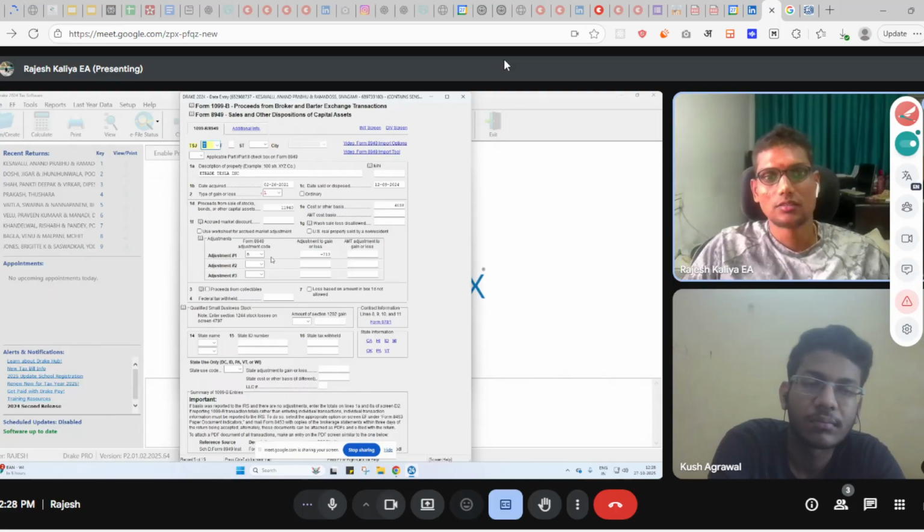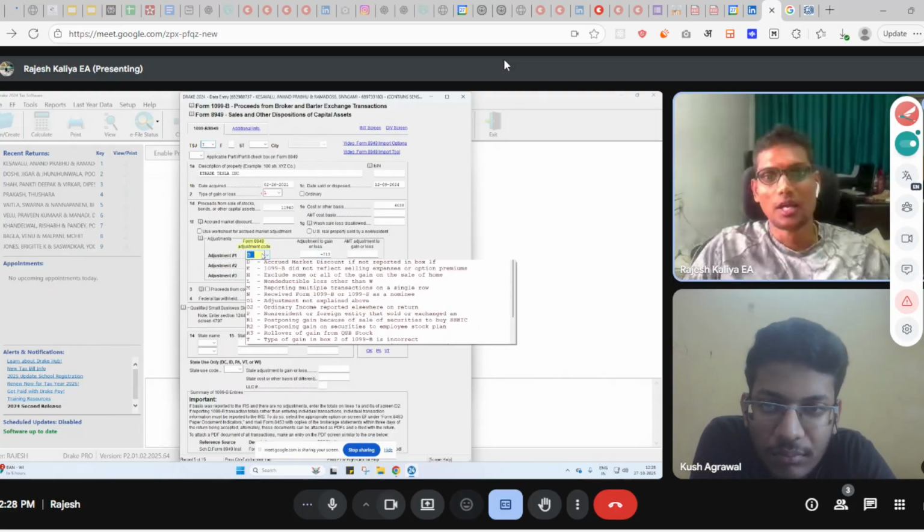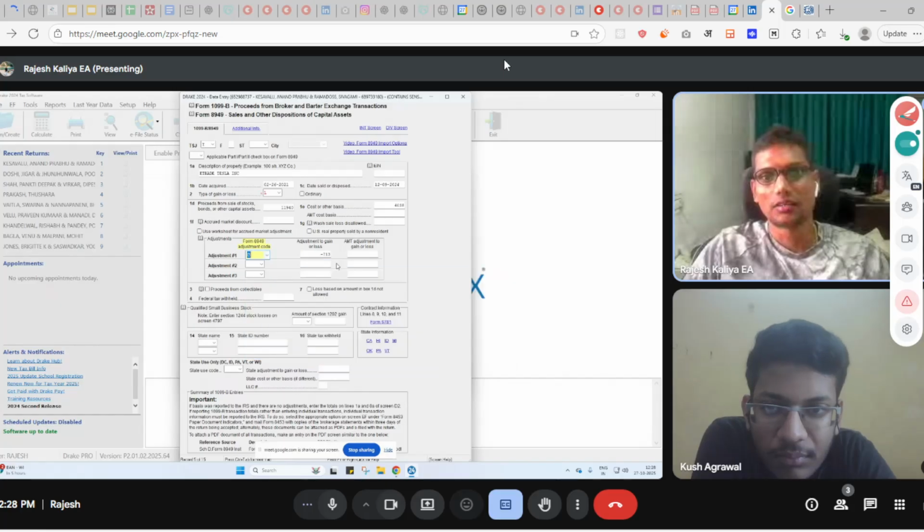Here, the code for basis in the 1099 is incorrect, so we mentioned that the basis is wrong. I mean, the additional amount of 719 should be included in the basis. That's how we mentioned here, and we'll look it up in the supplement document.